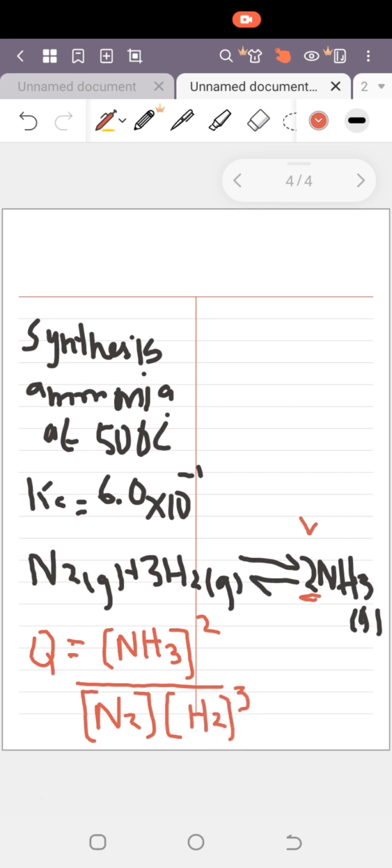After writing this, just add the values. The given values are: H2 is equal to 1.0 into 10 raised to power minus 2.